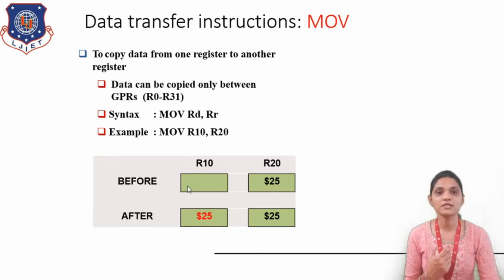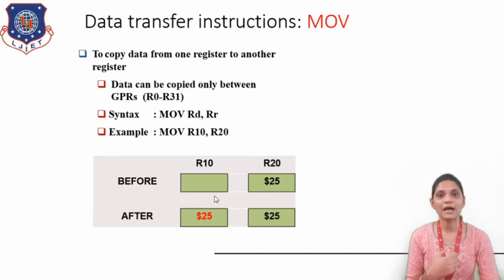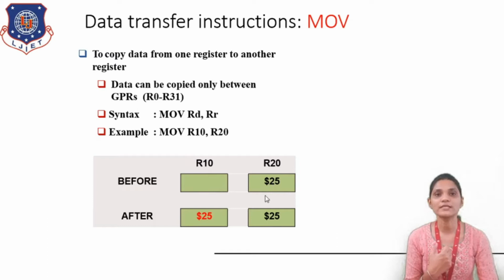Before the instruction, the content of register R10 may be a garbage value or blank, and the content of register R20 is 25. Here the dollar sign indicates a hexadecimal number. After the execution of this instruction, this 25 that you have stored inside register R20 is going to be stored inside register R10 as well. So this kind of instruction you can use for transferring data between any two general purpose registers.